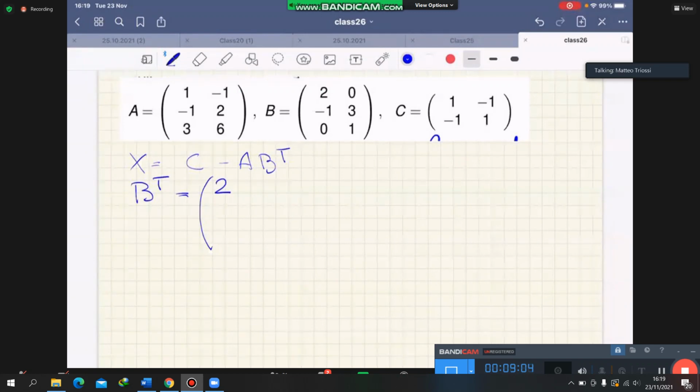A12 of B gets to be A21 of B^T. So we have 0. A21 of B is A12 of B^T, minus 1.